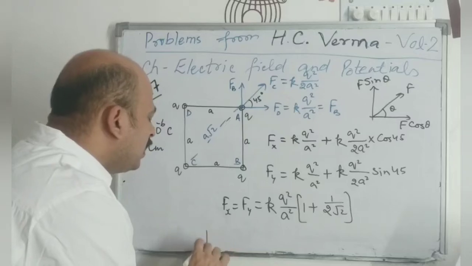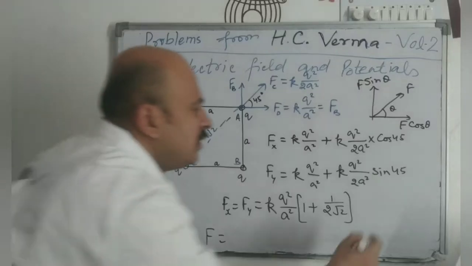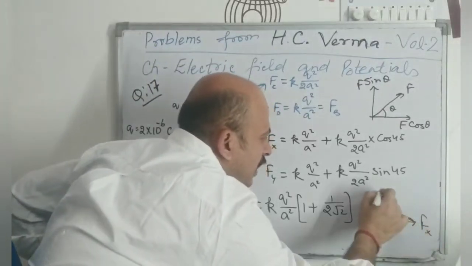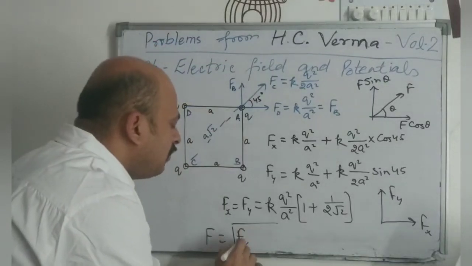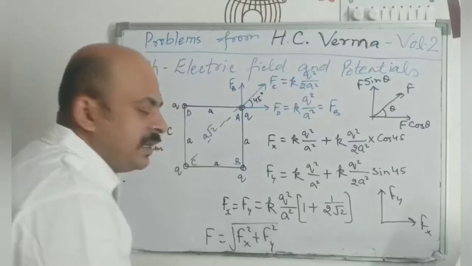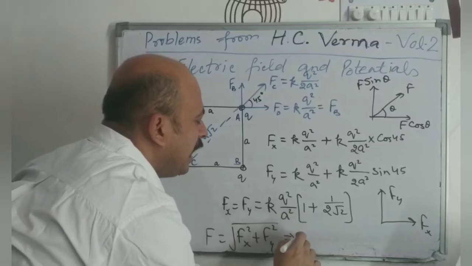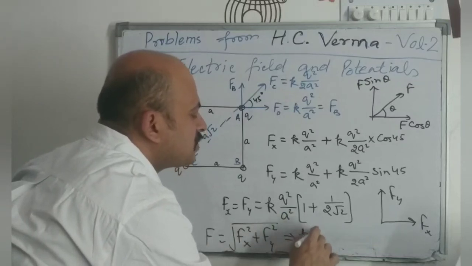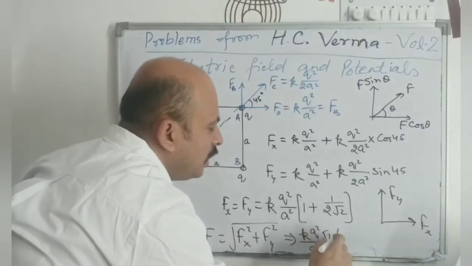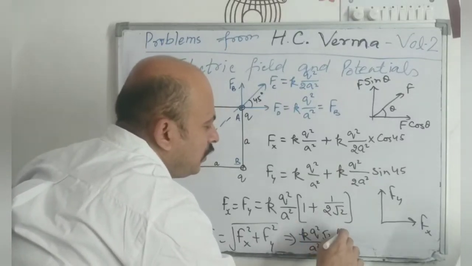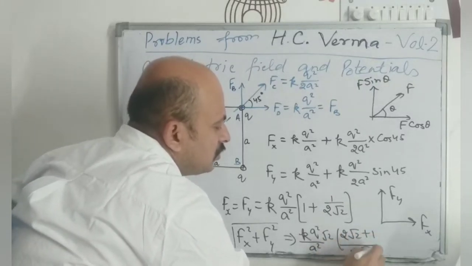To calculate the resultant force, because these two Fx and Fy are acting at right angle, Fx along x-axis, Fy along y-axis, F will be equal to under root Fx square plus Fy square. Therefore that can be calculated as k q square upon a square root 2, and this will be equal to 2 root 2 plus 1 upon 2 root 2.